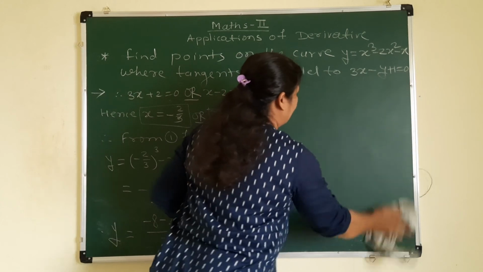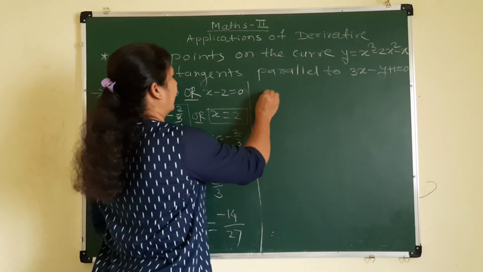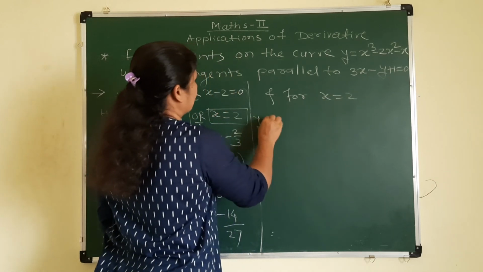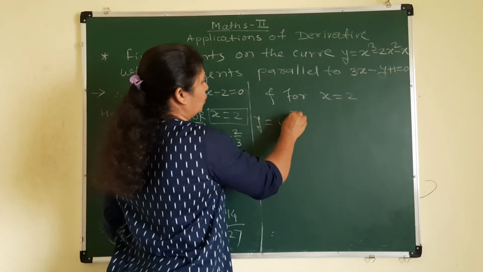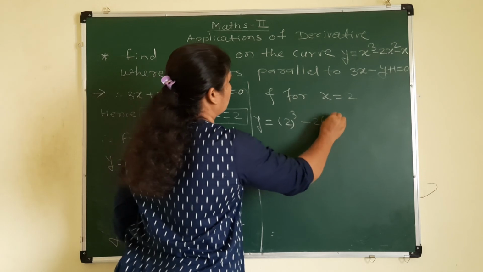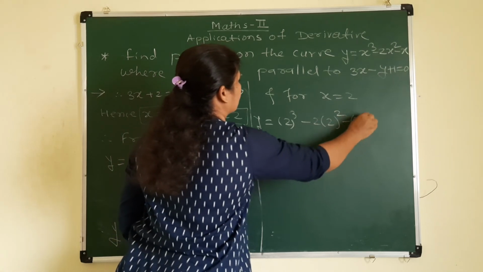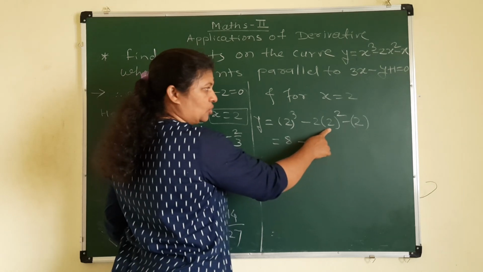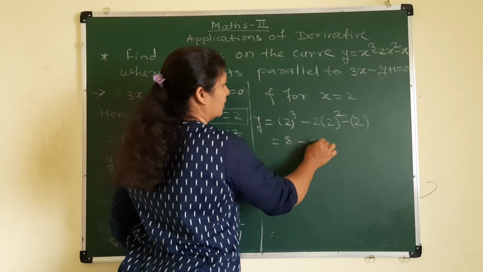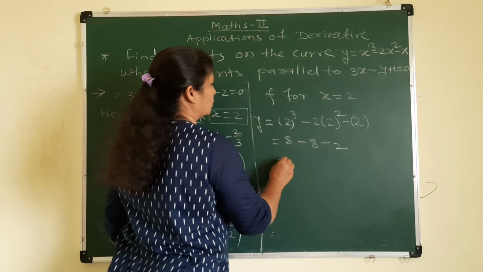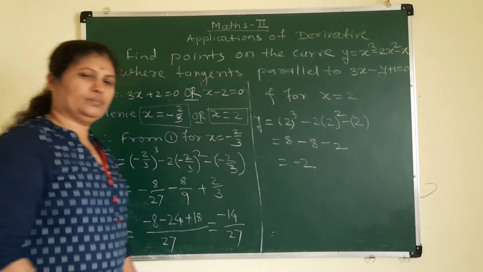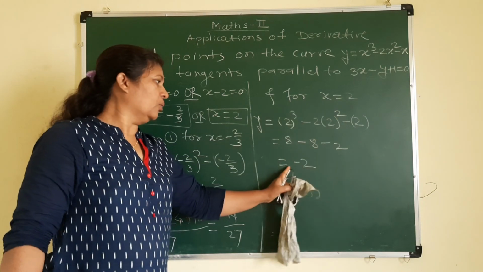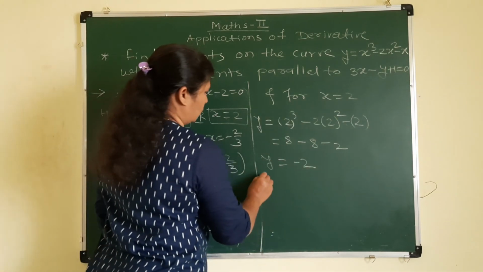For x is equal to 2, y is equal to again 2 cube minus 2 into 2 square minus 2. This is equal to 8 minus 2 into 4, 8, minus this 2, so this is equal to minus 2. Okay, so for x is equal to 2, I got y is equal to minus 2.